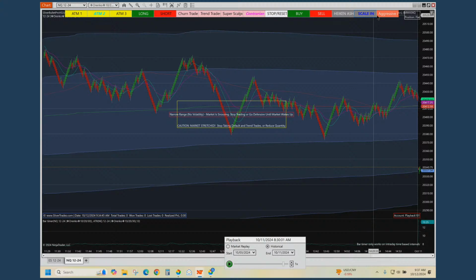And there are scale in mode and aggressive mode. Scale in mode lets you come out of a trade automatically if it goes against you. It does it by adding more contracts to an existing position and coming out at a break-even price. So in our academy, we teach to understand and predict the direction of the market and trade accordingly.